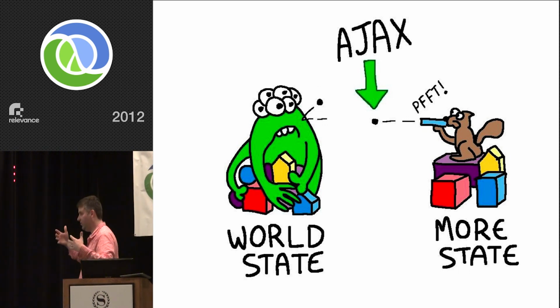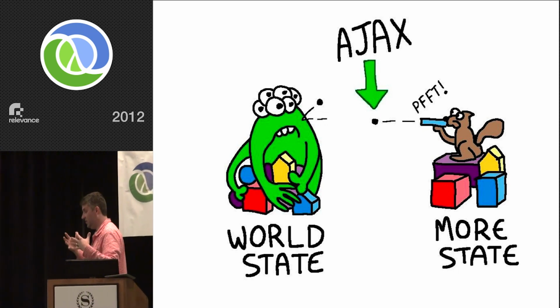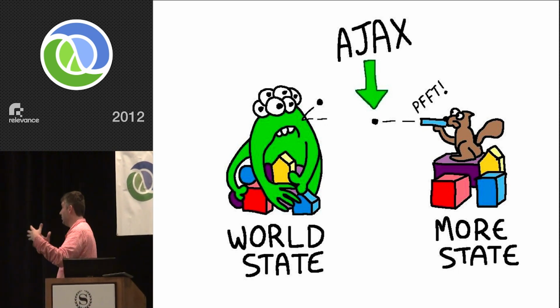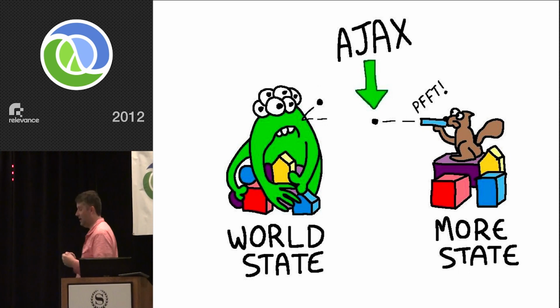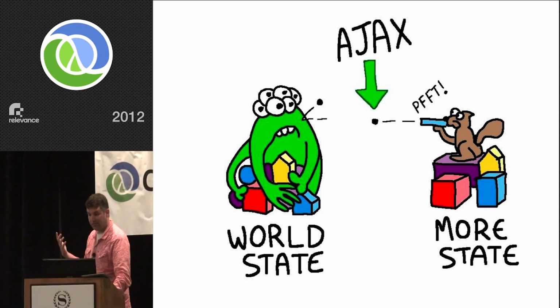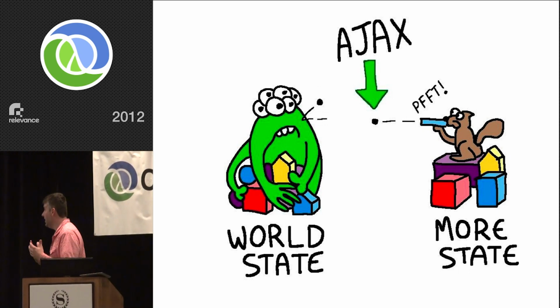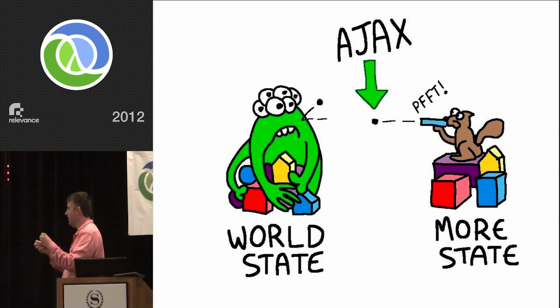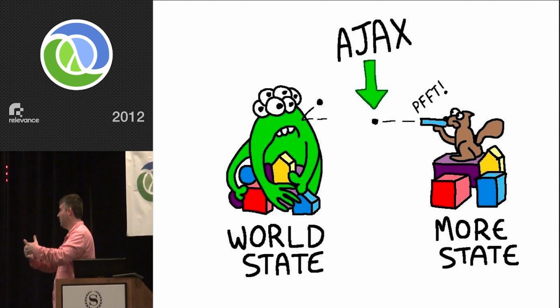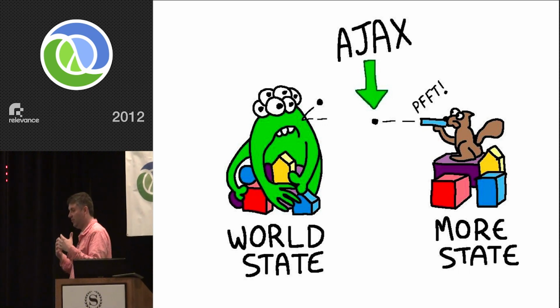So the moment we do that, we know that this world state that we have is a corrupt system, and so the best way that I like to think of it is that the places in our program where we have to communicate with Ajax, it's almost like a form of corruption in our world state. And as we know, corruption tends to spread like a virus.